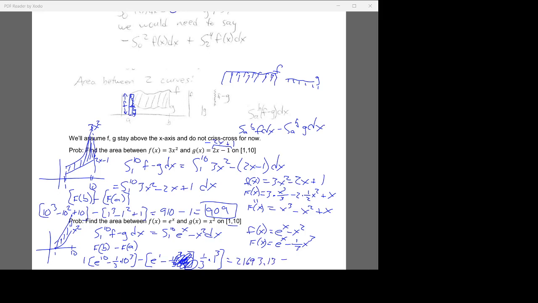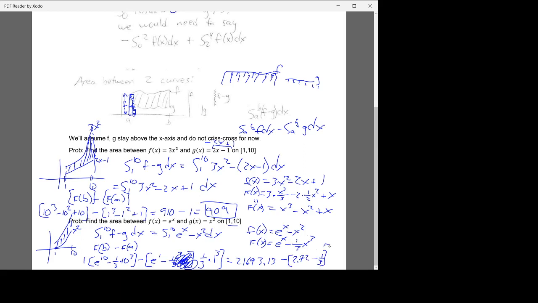minus, and then if you do the e to the first minus 1/3, you get, so plus. So e is 2.7, so then here we have 2.72 minus 1/3. Let's make it that easy.